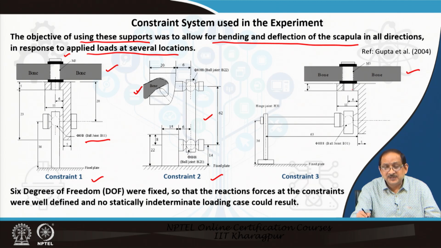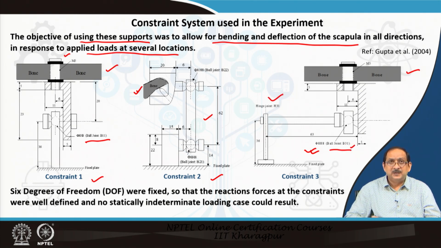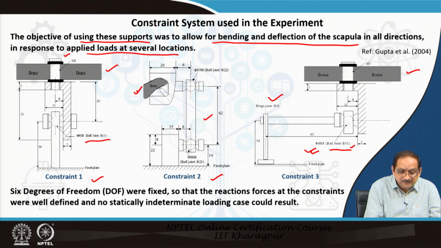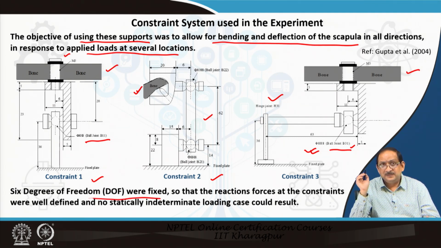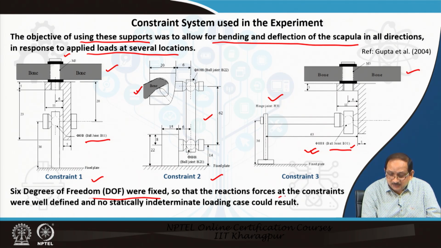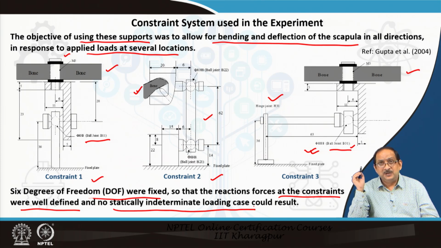A bolt is connected to the supporting links, which have a ball joint and a hinge joint. Now, the 6 degrees of freedom of this support system were fixed, so that the reaction forces at the constraints were well defined and no statically indeterminate loading case could result.